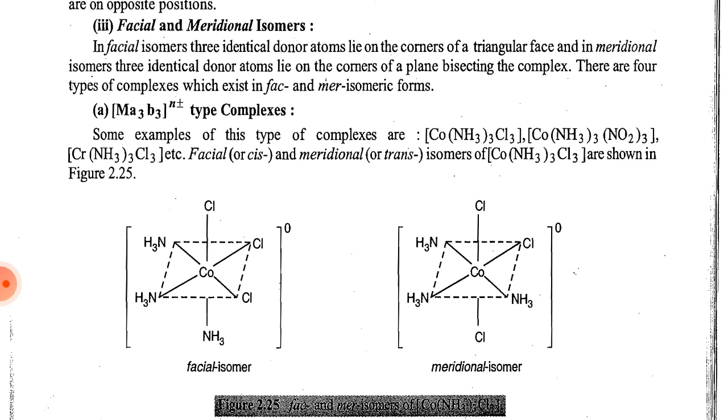That is called the meridional isomer. And in the facial isomer, three same ligands will occupy the corner of a triangular face. That is the facial isomer. The facial isomer's prefix is FAC, and the meridional isomer's prefix is MER.